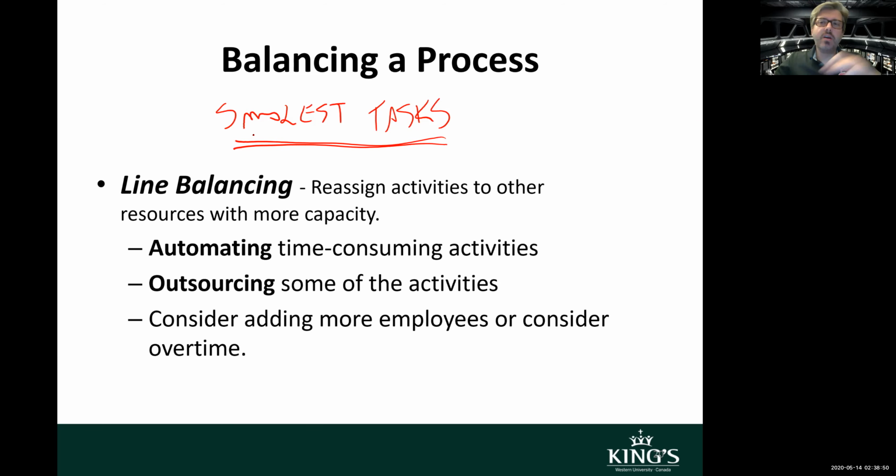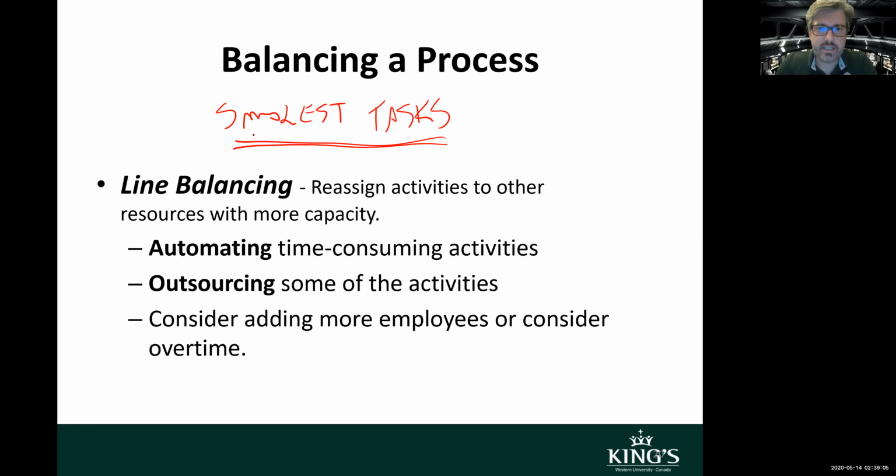They have to be in very, very small steps, and you're going to bundle these steps in order and divide that throughout the assembly line so as to match your takt time.